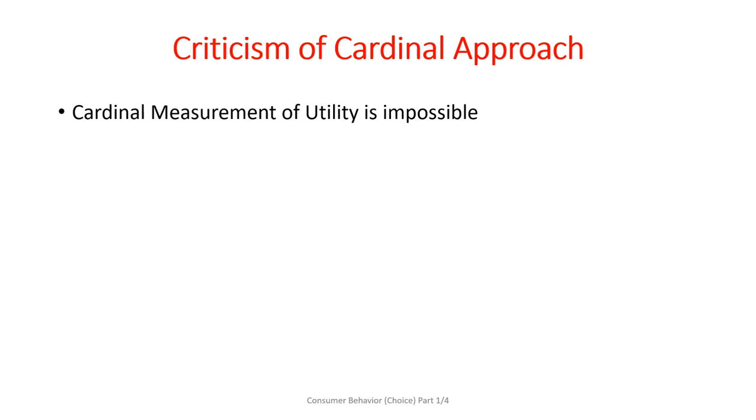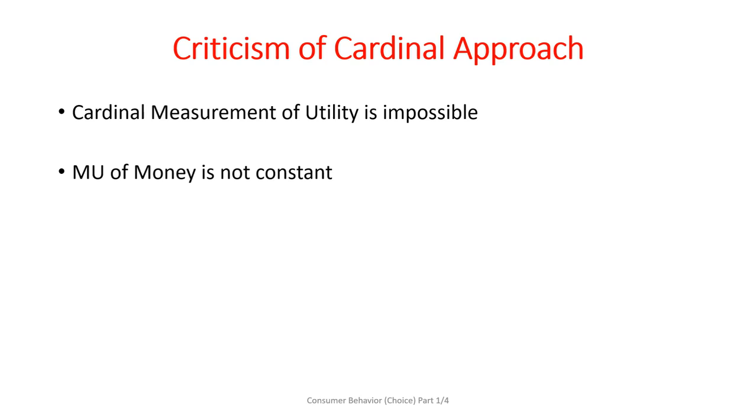That is, a person cannot measure his or her utility in cardinal units like the person measures other quantities such as weight, length, height, etc. It is because utility is attached to feelings, and we cannot measure feelings like we measure physical quantities.